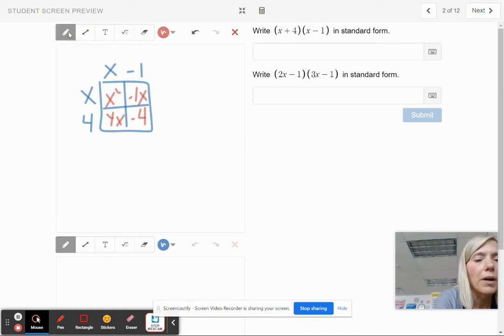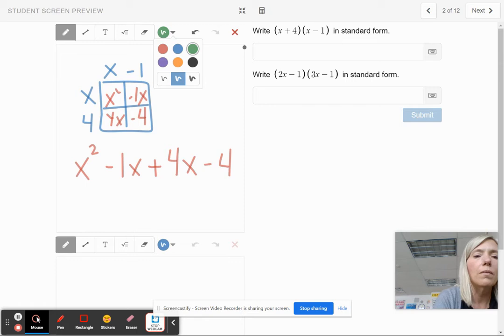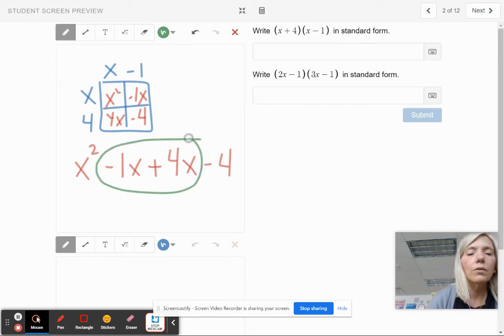So from the first box, x squared, and then minus 1x plus 4x, and minus 4. And then finally, the minus 1x and plus 4x in the middle, those can be put together.